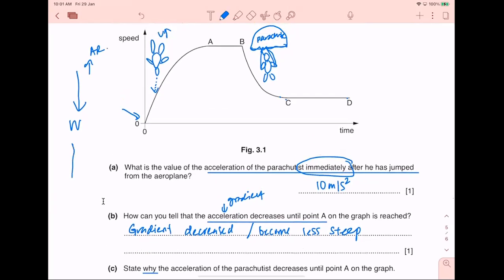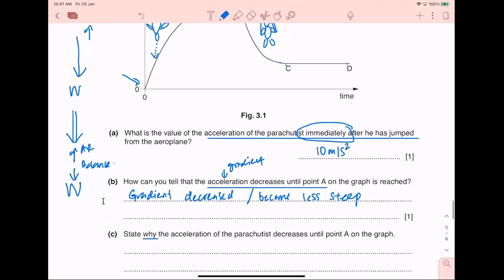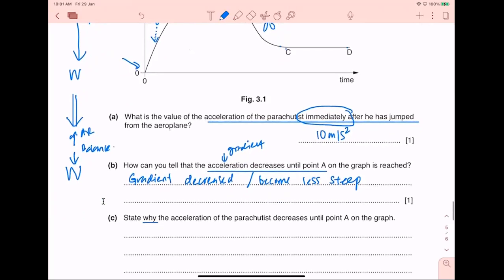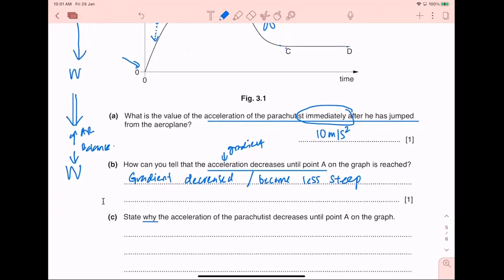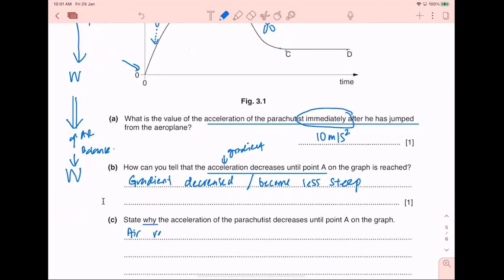But as you go down, at one point, your weight and air resistance is balanced. So why does the acceleration of the parachutist decrease until point A of the graph? It is because air resistance is increasing.